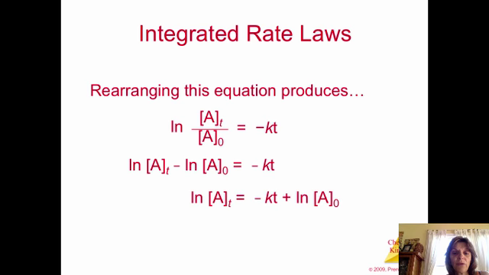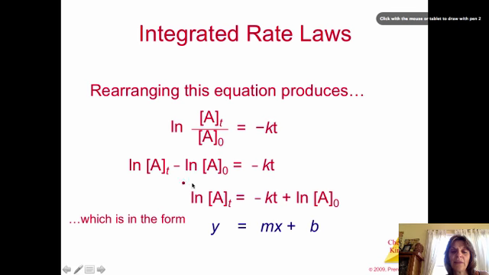Now, those of you who've worked with natural logs before, you can see here, as it's been rearranged, that if you're dividing within a natural log, that equals the natural log of the numerator minus the natural log of the denominator. And that equals negative k times t.